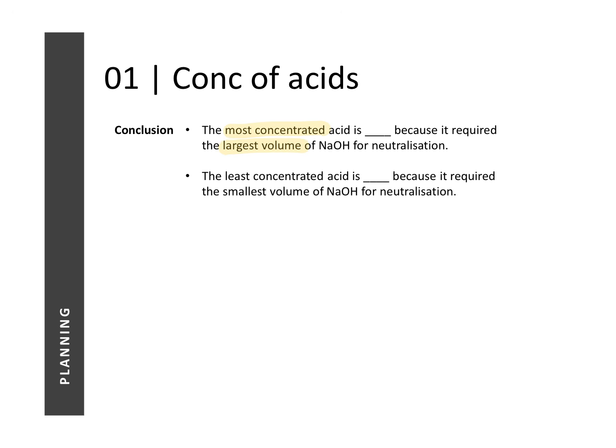And since the aim is to determine the least concentrated one as well, it will be good for you to write this: the least concentrated acid is the one that required the smallest volume of NaOH for neutralization.